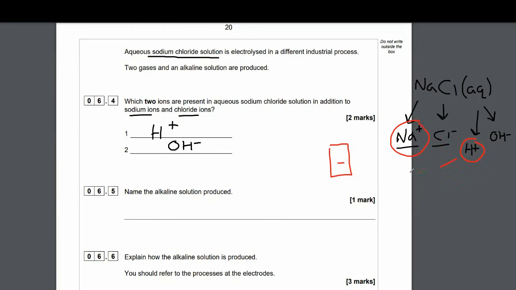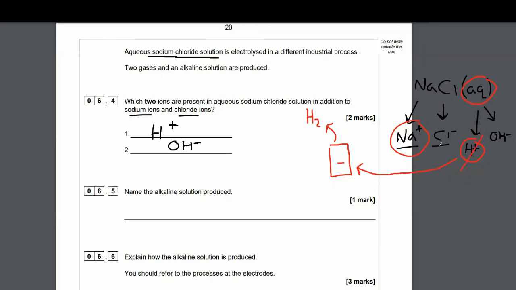Which one comes off? Well, if you have hydrogen present, it will always be hydrogen unless you have a less reactive metal like copper or silver. So pretty much, unless it's copper or silver ions there, when we're dealing with any aqueous solution, you're going to get hydrogen gas instead of metal at the negative electrode. So hydrogen has been removed.